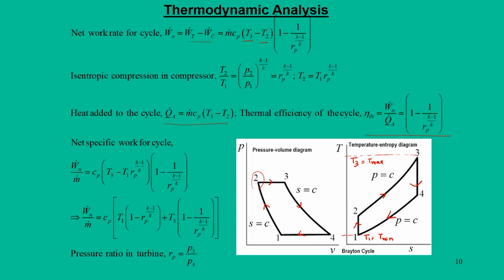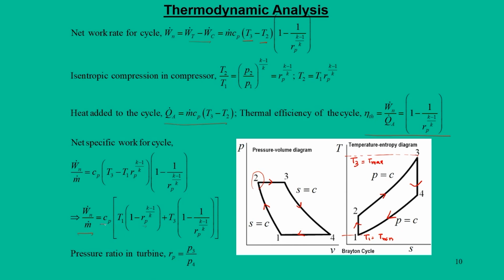So, the most effective way of representing net work is in terms of T3 and T1, which are the highest and the lowest temperature of the cycle, and the pressure ratio also needs to be accounted for. So, basically net work is a function of maximum temperature T3, minimum temperature T1 and pressure ratio.